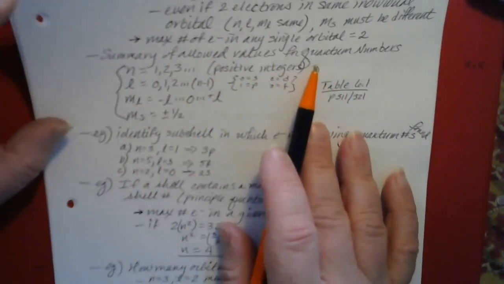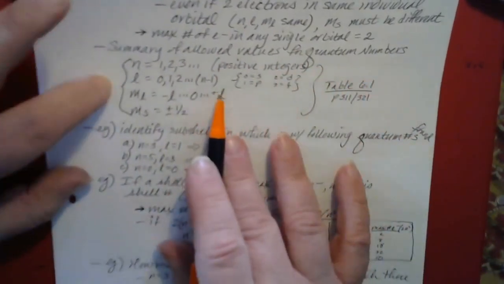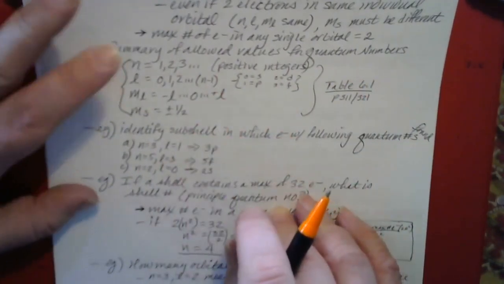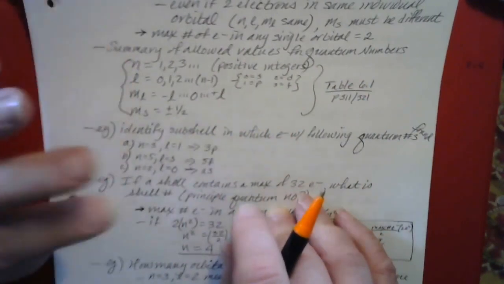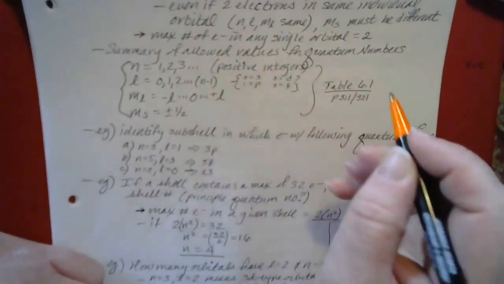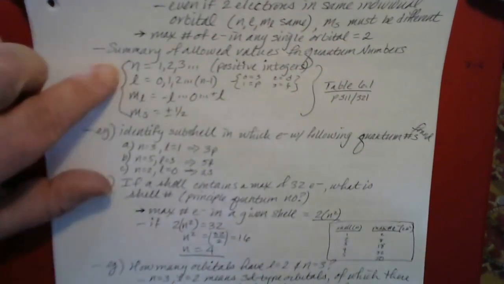And so, a summary of the allowed values for the quantum numbers. When I was taking tests or quizzes, it was helpful to reproduce this from memory to check that I wasn't violating any of the rules. We're not actually going to have any in-class tests or quizzes this semester, so you might not have to do that, but it wouldn't hurt.